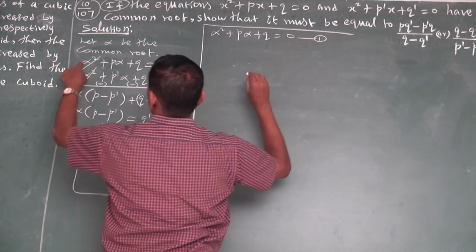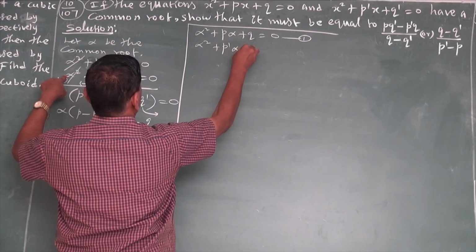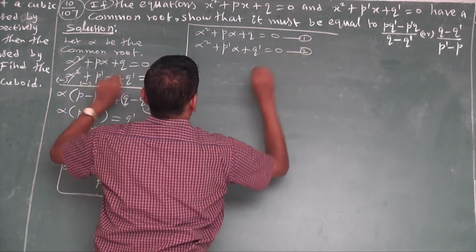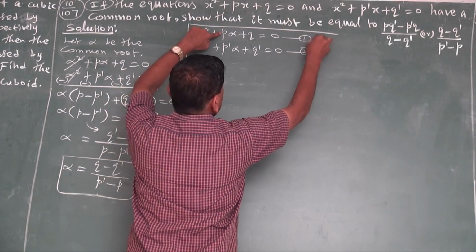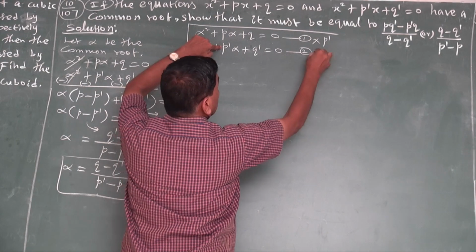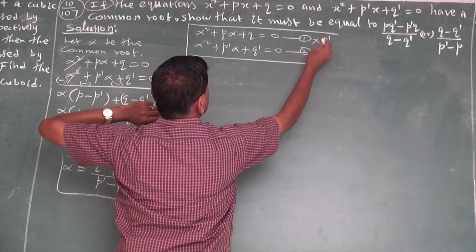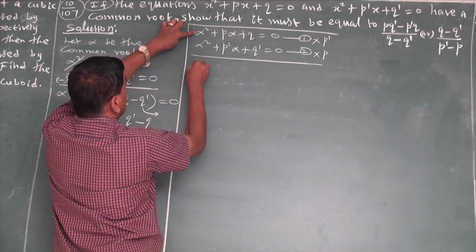Second equation: alpha square plus p dash alpha plus q dash is equal to 0. First equation multiply by p dash, second equation multiply by p.